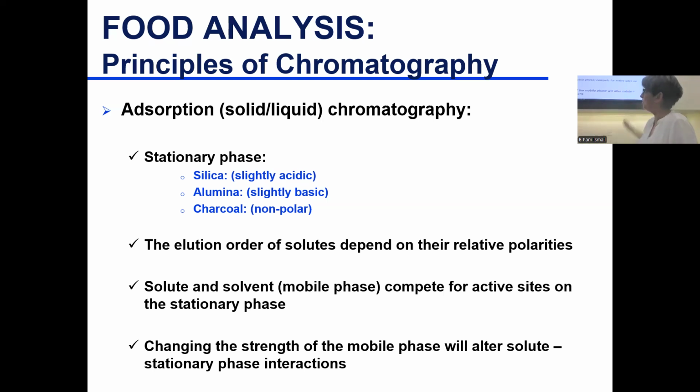So solutes and solvent, the mobile phase, compete for active sites on the stationary phase. Changing the strength of the mobile phase will alter how the solute interacts with the stationary phase. Let's say you have silica and you are using an organic solvent like hexane.